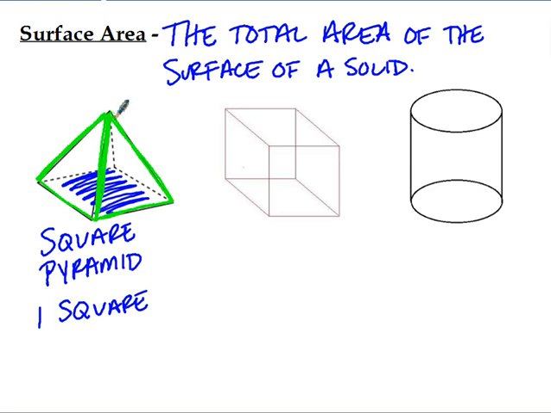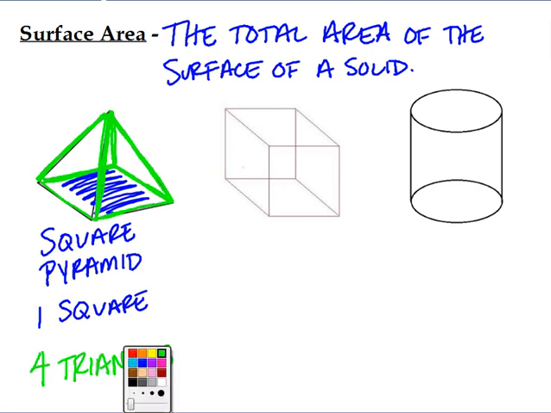I have the triangle on the back, that's 3. And then I have the triangle over here on the far right side, that's 4. So we have 4 triangles and one square. So the surface area would be adding up all the areas of that: the area of that square plus the area of the 4 triangles. All of those areas together would give us the surface area.